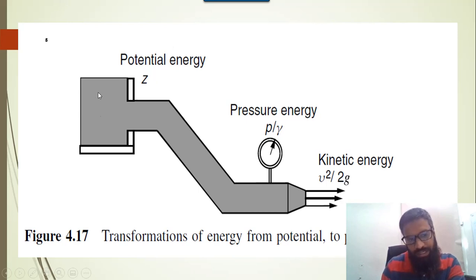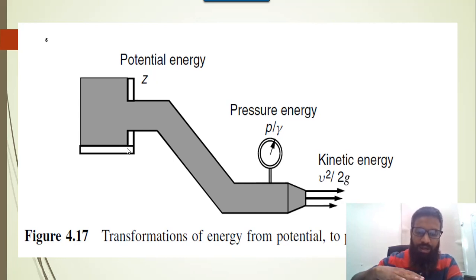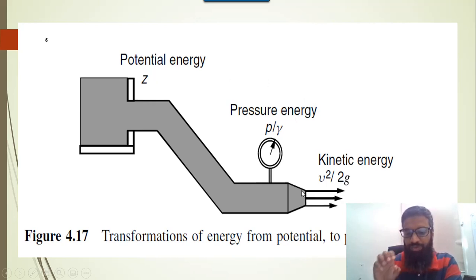If you see, this is basically the forebay tank, and from the forebay tank we divert the water through a pipe which is normally known as the penstock. The forebay tank height is normally high compared to the ground level. So that height is basically the potential energy of the water, and then we use the penstock to increase the pressure of the water by putting the water in a pipe, and that pressure is basically pressure energy, and then it comes from a nozzle.